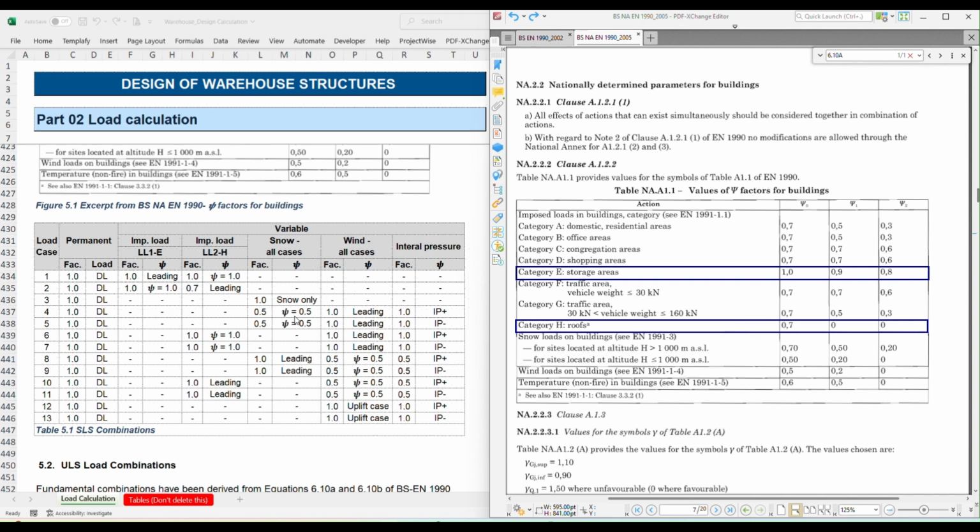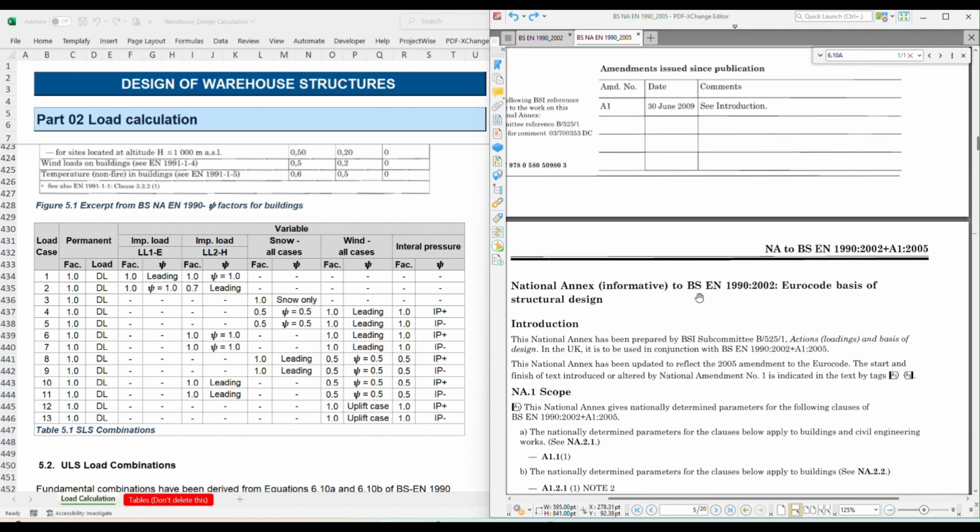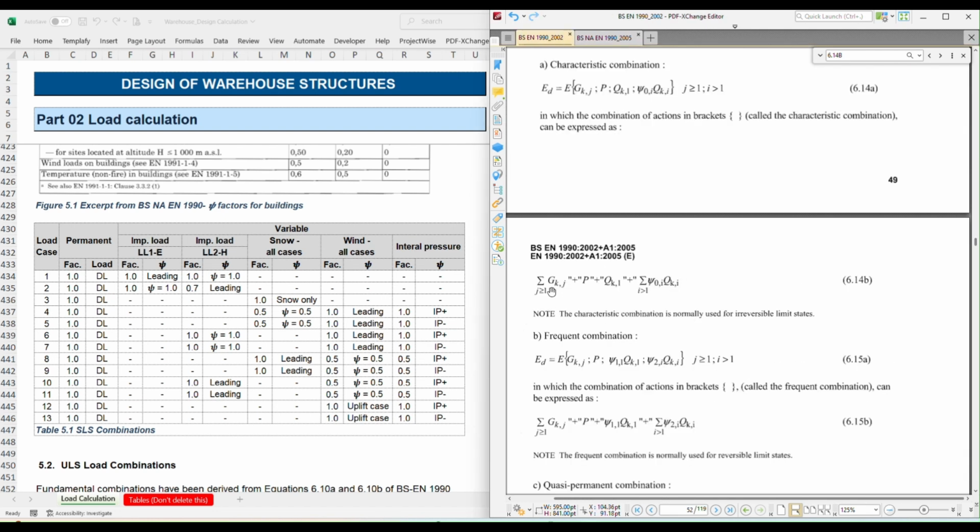Coming to the calculation table, these are the general load combinations, that is the SLS load combinations. For dead load we need to consider all as 1, because as per these equations there is no gamma factor. You can see there is no gamma factor. Gamma factor is a partial load factor. So here only Gk is given, so we are considering it as 1.